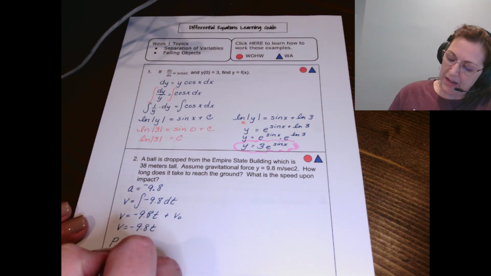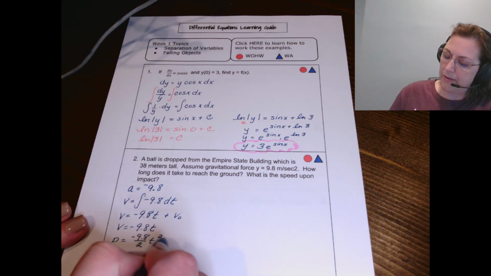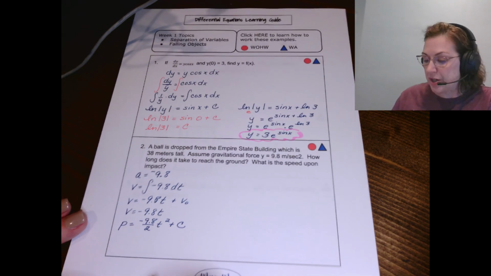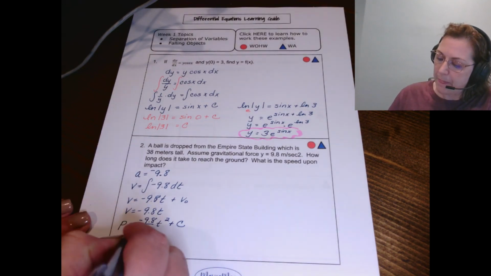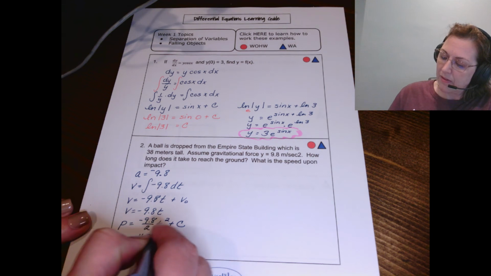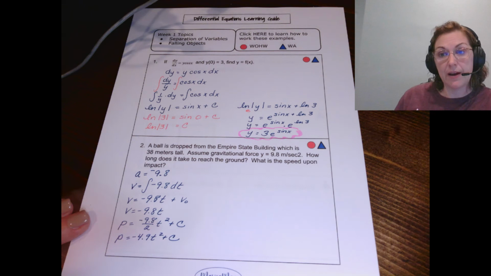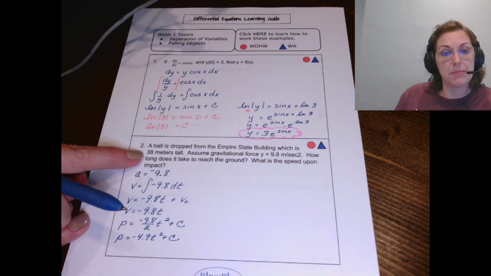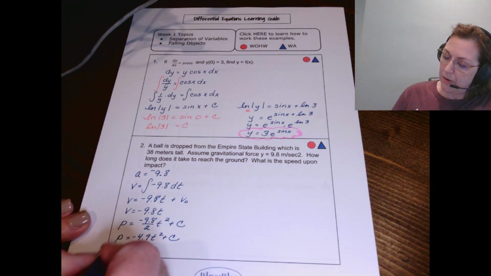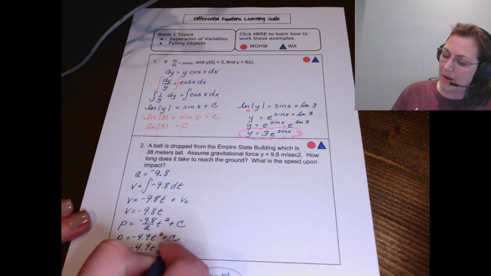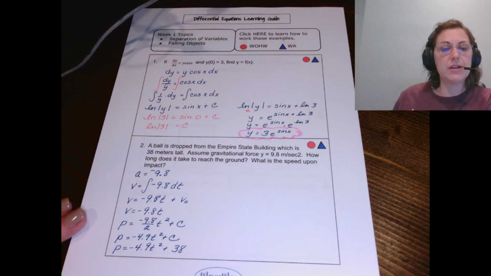That would be negative 9.8 divided by 2, t squared, plus C. Initial position is what I'm really looking at there. The ball is at the top of the Empire State Building, which is 38 meters, so I know that's my initial position.